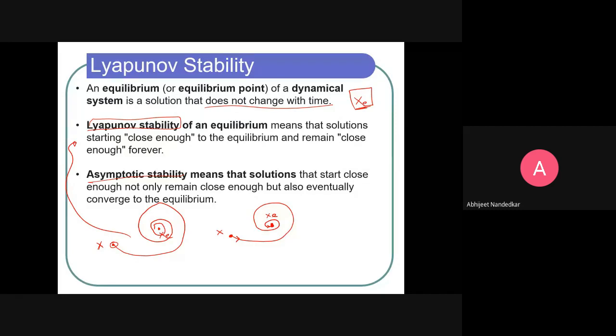Here it's not reaching the equilibrium, but it is just around it. So you can understand the difference. In asymptotic stability, it will reach this equilibrium. If such a thing happens, then I can say that the system is stable, and we are using this second thing in our Hopfield network.